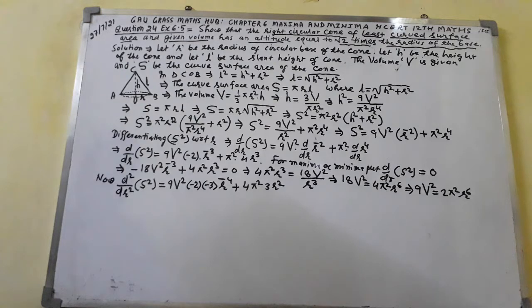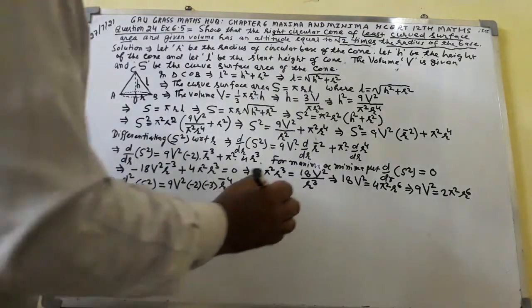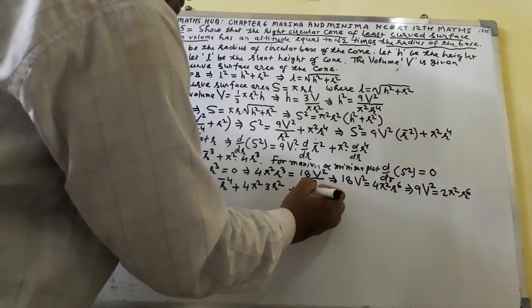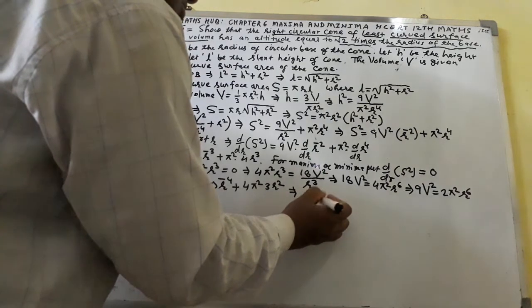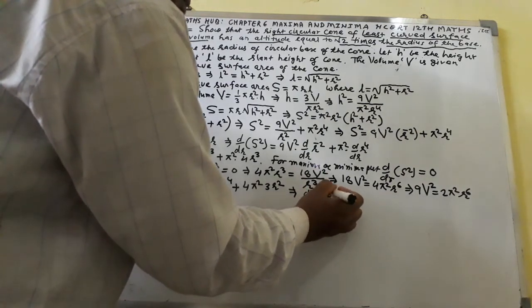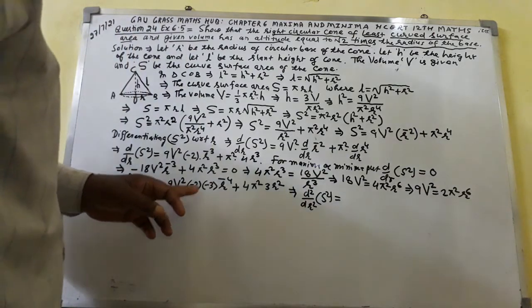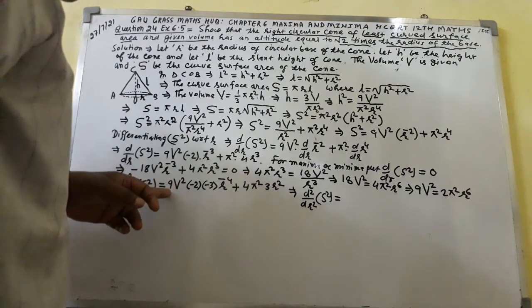Now simplify this one. What I shall do here? Here I shall write, implied that d square over dr square of S square equal to, here minus 2 will multiply to minus 3, you will get here 6, 6 9 are 54.